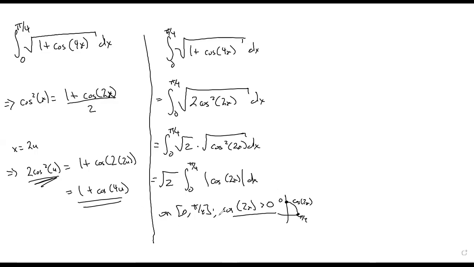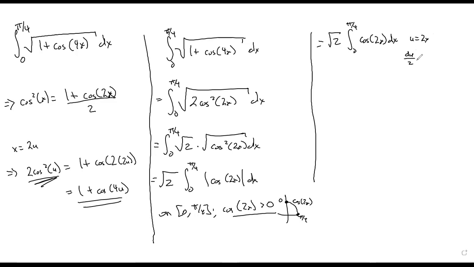Okay, so it's important that you check. Given the fact that it's positive means that I can drop the absolute values. So this becomes the square root of 2, integral 0 to pi over 4 of just cosine 2x dx. And now we can do the straightforward integration. I'm going to let u be 2x.